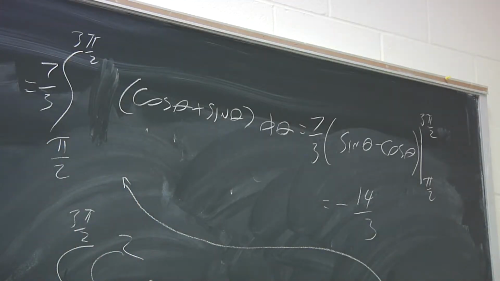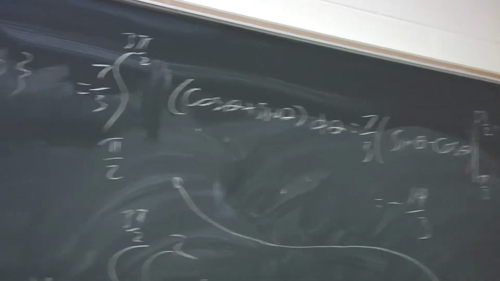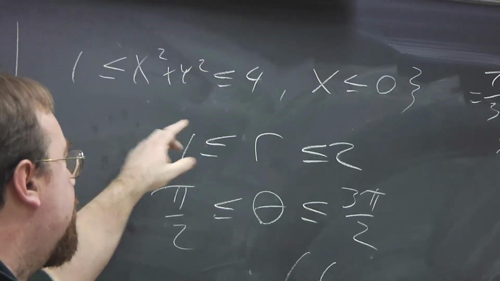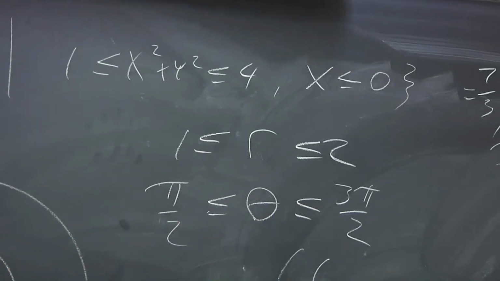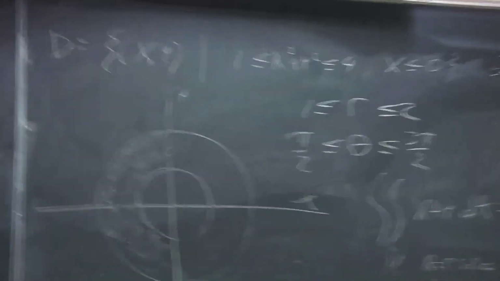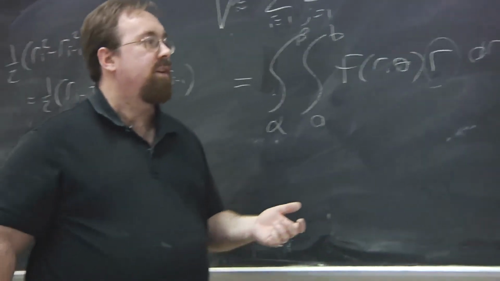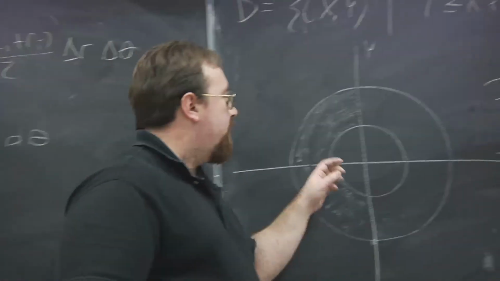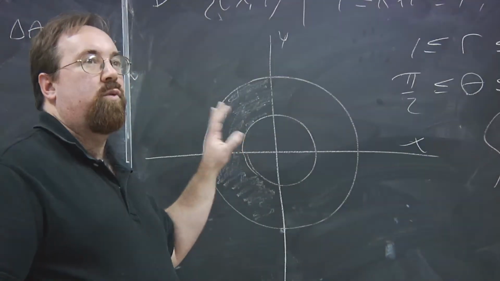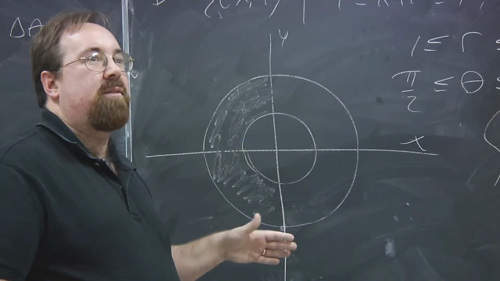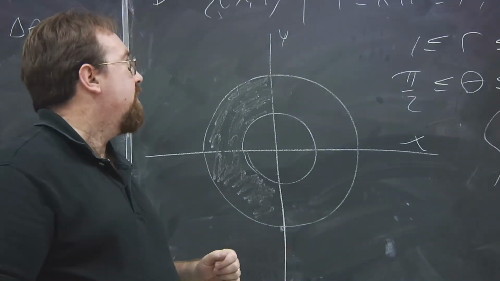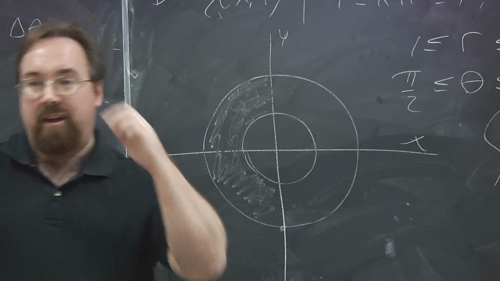And after you define your region in terms of polar coordinates, what are the limits on r? What are the limits on theta? Now, when converting, the key is the region itself. If the region does not convert well to polar coordinates, if you get something that isn't really convenient to work with, then maybe you're better off sticking with x and y.